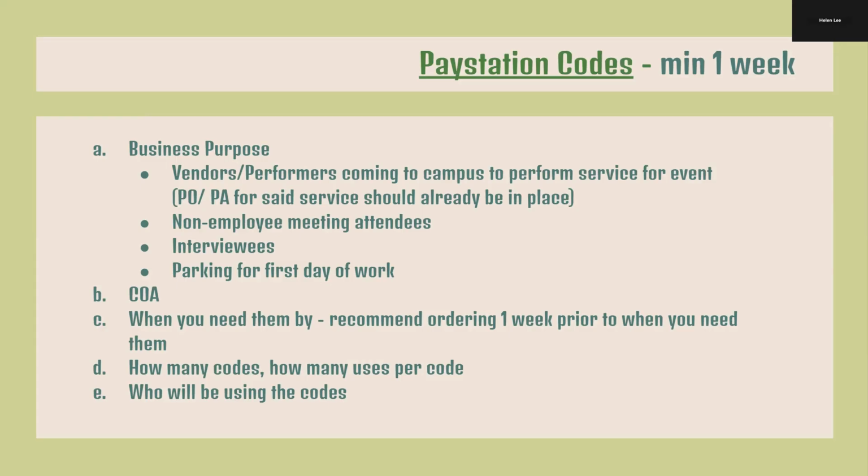Then we'll also need how many codes you need and how many uses per code that you need. So if it's one guest, and they'll be here for 2-3 days, you can actually order 1 code and have it be used 3 times.